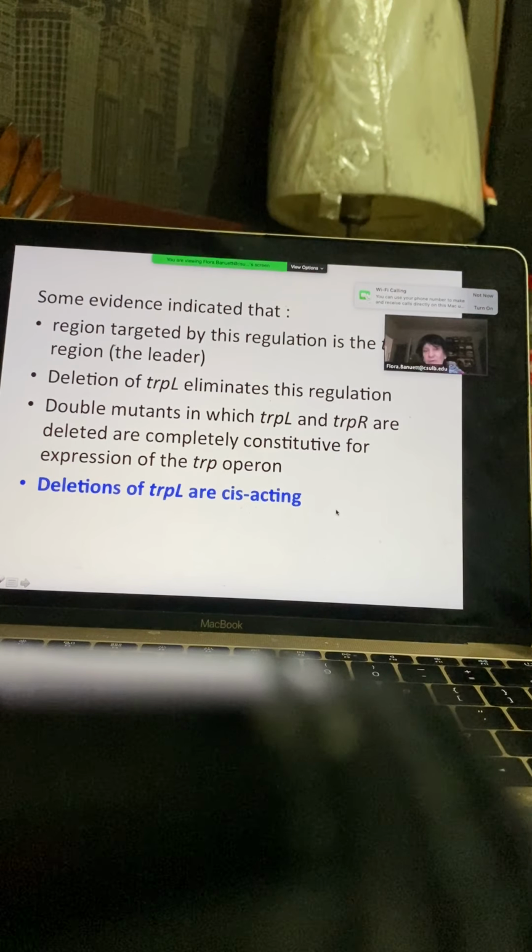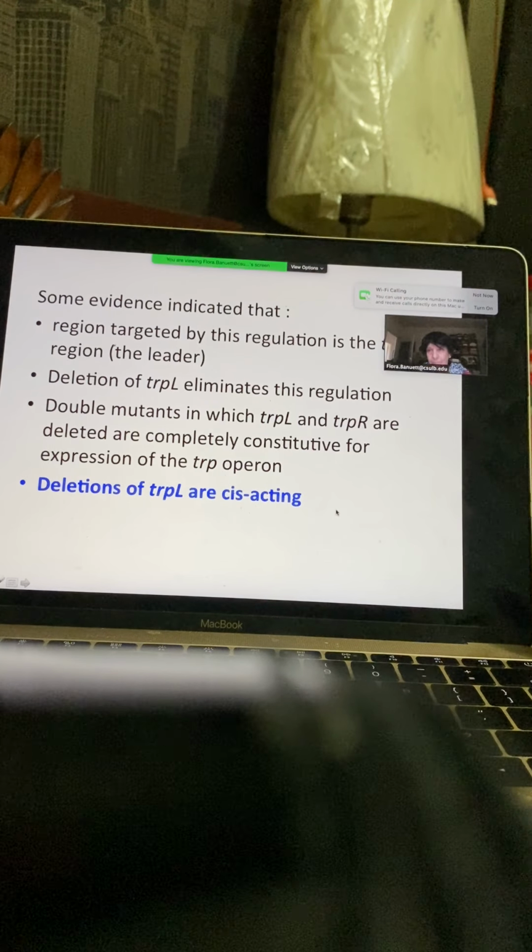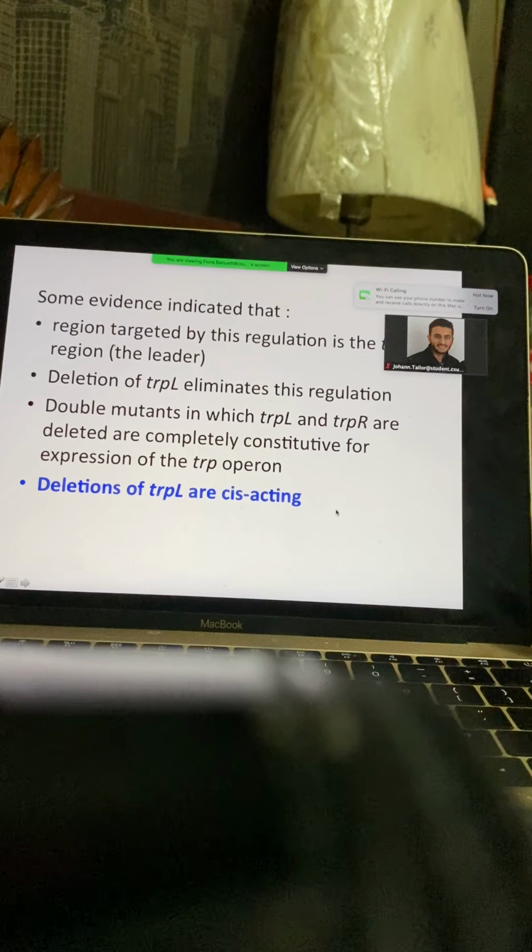If there is no tryptophan, then you're going to have expression. Remember, the repressor needs tryptophan to be able to repress. This is opposite of what is observed in the lac operon. Got it. Thank you. Okay?